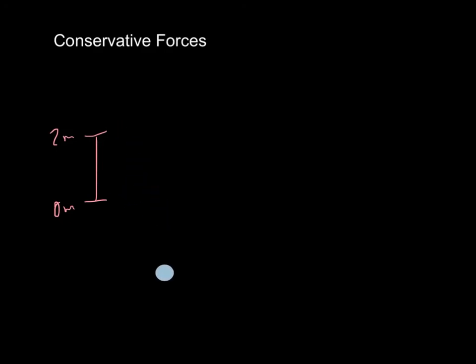If I bring it down here and move it around and move it up here and down and over and back here to 2 meters, the potential energy that I've gained is the same as in the situation before. So my change in gravitational potential energy was path independent. And so anything that is path independent is going to be a conservative force.